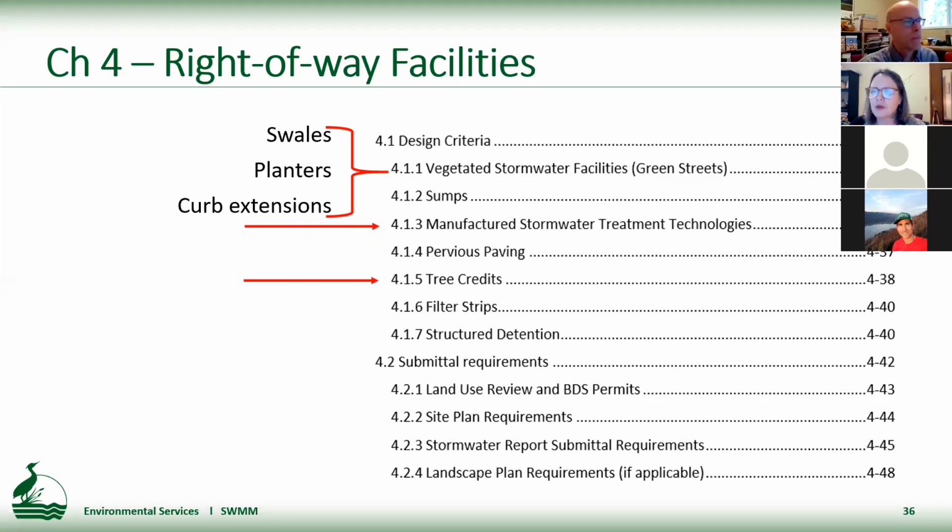Most other things are the same. There's some slight changes to manufactured stormwater treatment technologies and to the tree credits that I will also talk about.